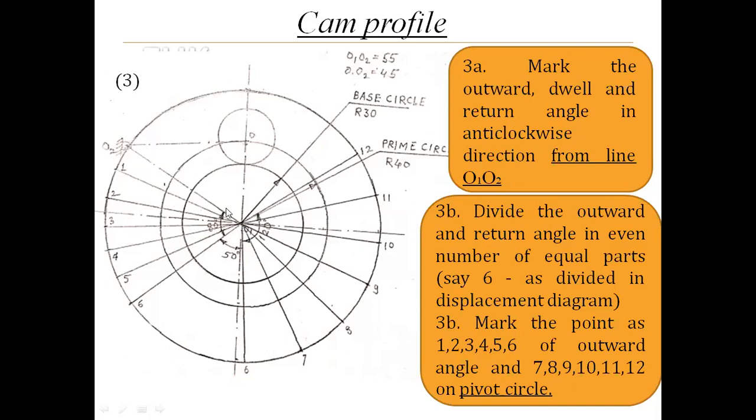You have to measure the outward angle from line O1, O2, this inclined line, which is the center line joining O1 and O2. From this line, you have to measure the outward angle, which is given as 80 degree, the dwell angle, which is given as 50 degree, and third, the return angle, which is given as 120 degree.